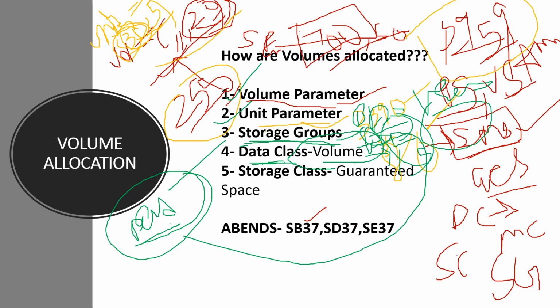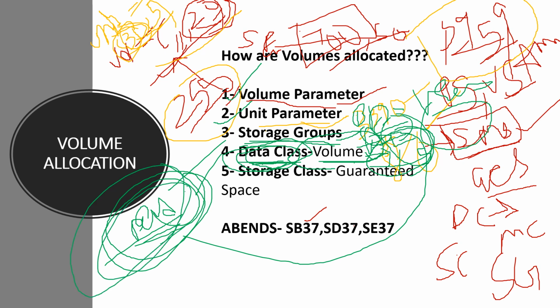If you are giving a number in this while creating a new data class or editing a data class, and when you are creating a particular data set, if that data set is taking this data class, and that data class has specified only 5 volumes, then your data set will extend up to only 5 volumes, because your data class will stop that data set from taking more volumes. So it depends on the data class also.